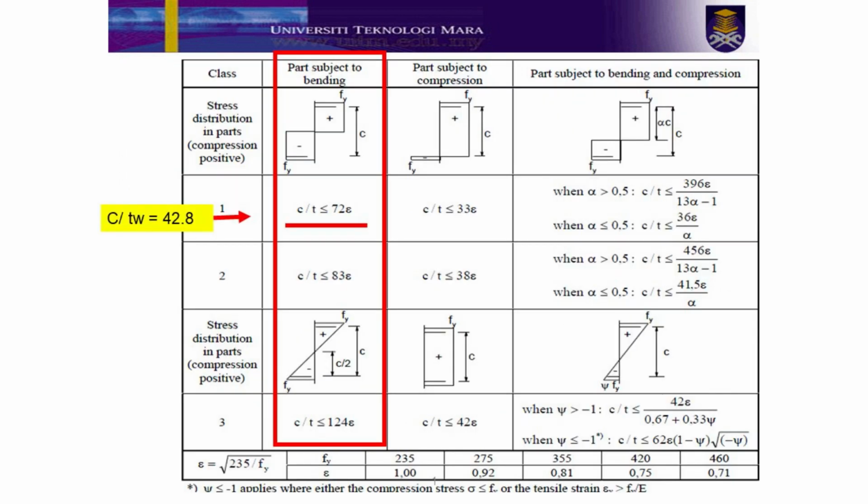From the previous calculation, the web slenderness ratio is determined to be 42.8. Refer to column 2, parts subject to bending. The value 42.8 is less than 72 times the strain value. Therefore, it was concluded that the web falls under Class 1 section.